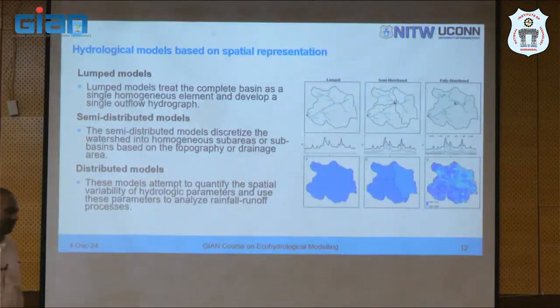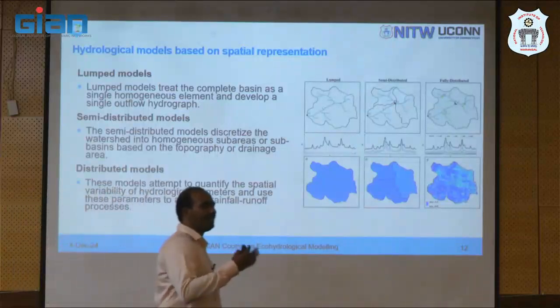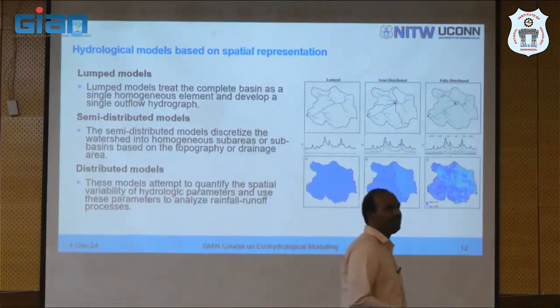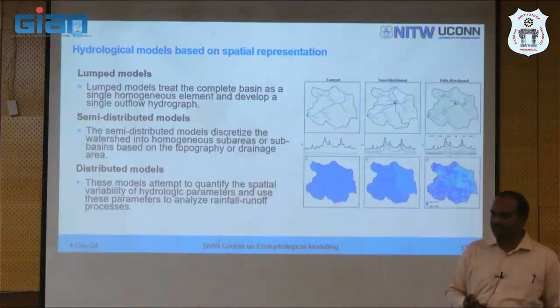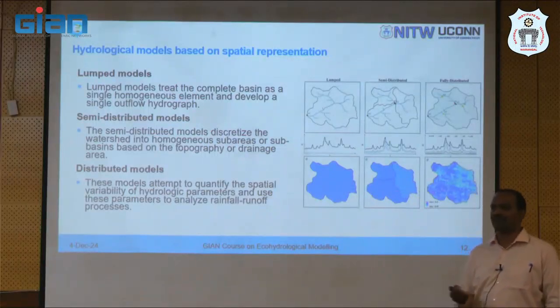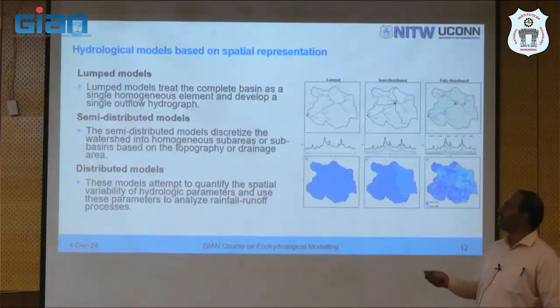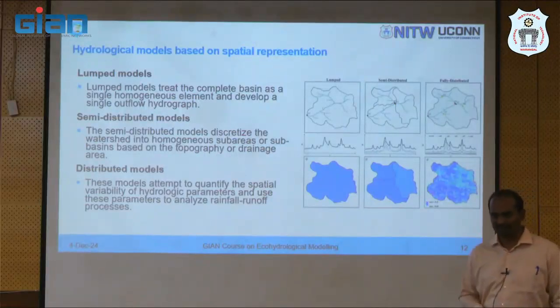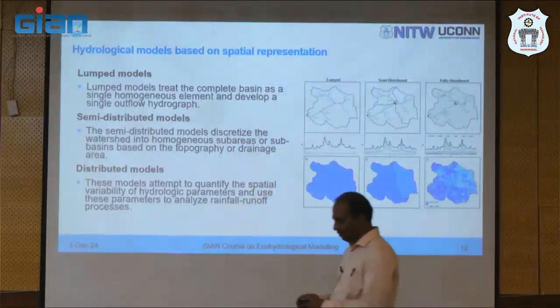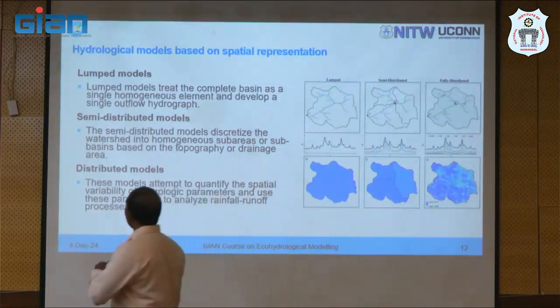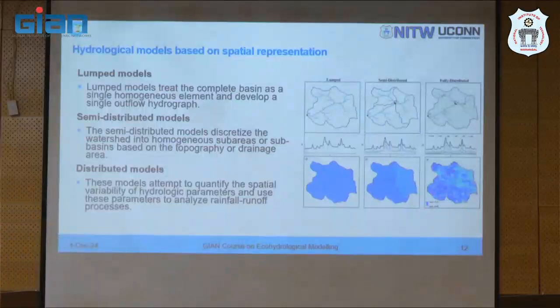Now, when we have to simulate a large catchment, probably in some places thousands of square kilometers, some places lakhs of square kilometers, how do we represent them? There are three different ways of representing. One is your lumped model, where we consider the entire catchment to be a single computational unit.